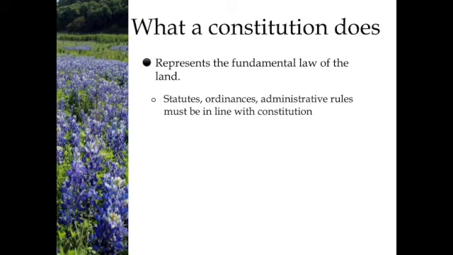So if you have at the top of the state, you've got the Texas Constitution, and below that you've got the statutes created by the legislature, any kind of bureaucratic rules created by agencies or departments, or any kind of city ordinances or rules created by the TCC Board of Trustees. All of those have to adhere to what's in the overarching state constitution, and our state constitution has to adhere to what's in the overarching U.S. Constitution. So we're looking at this kind of a framework, if you will.